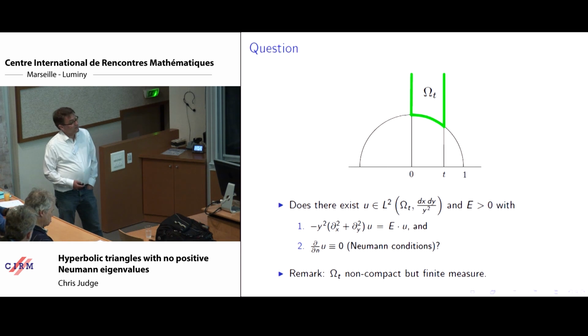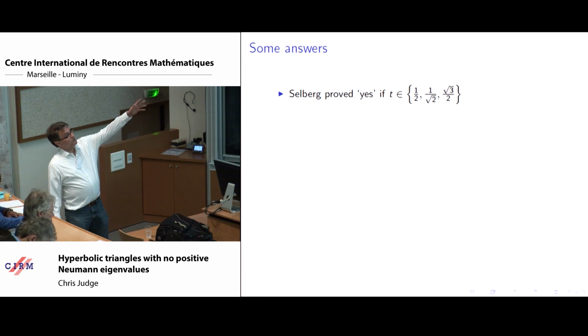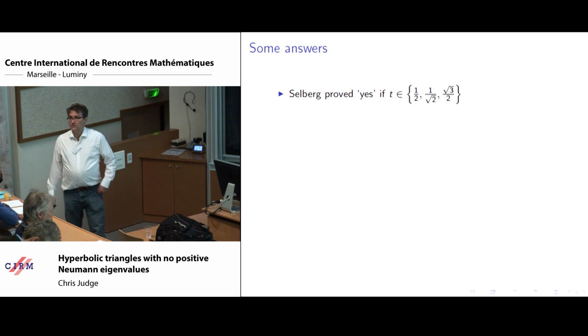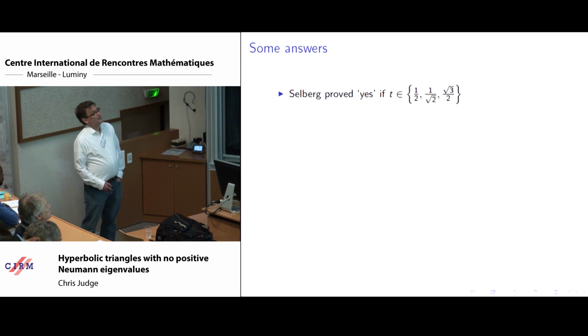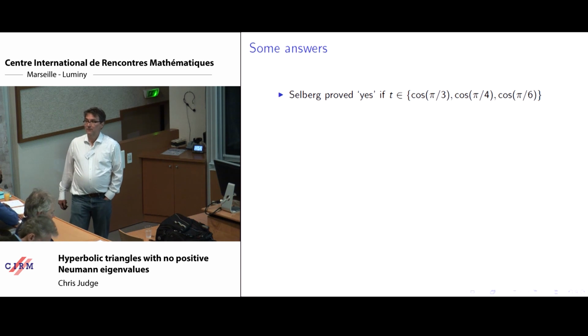So for 1/2, and then for somewhat related reasons, it also works if the width of the domain is 1 over square root of 2 or square root of 3 over 2. Of course, they look like funny numbers, but they're just these numbers, right?